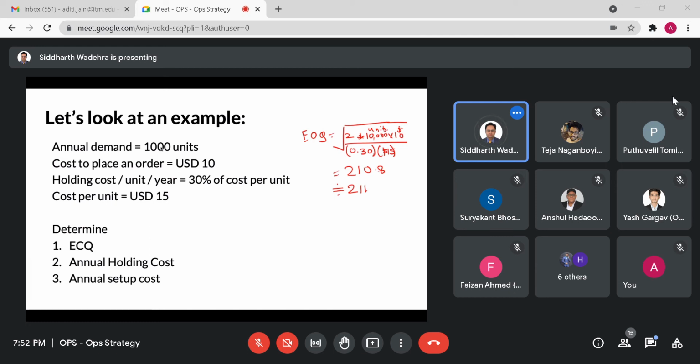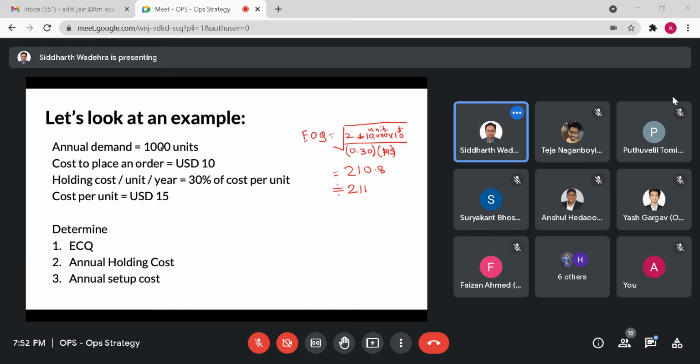All right. The annual cost for ordering: the number of orders is going to be based on the annual demand. So if 10,000 units is the annual demand, and you order 211 at a time, that will give you the number of orders. On the basis of this, you multiply the number of orders by the cost of $10, and you can work out the annual cost for ordering.